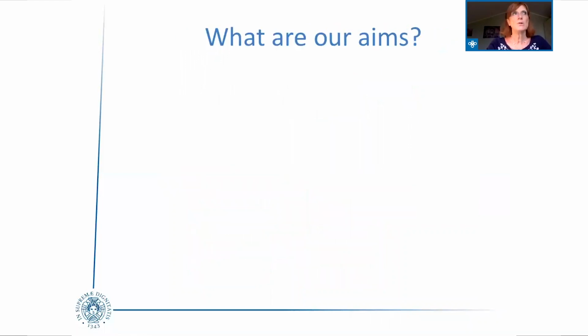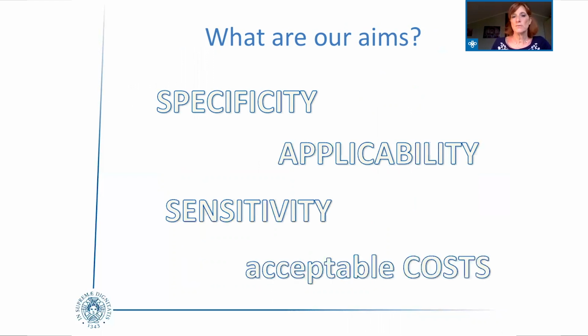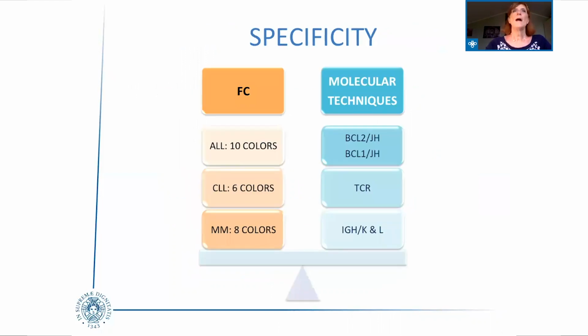I think because NGS has got all characteristics that we want to have when we assess MRD. NGS is specific, NGS is applicable, NGS is sensitive, and NGS today has got acceptable costs. About specificity, in my opinion, we have not really differences between flow cytometry and molecular techniques.